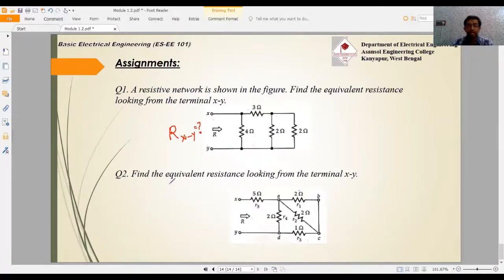And second, just similar to this but a little bit more complex, the equivalent resistance across the XY for this type of combination. Okay, thank you.